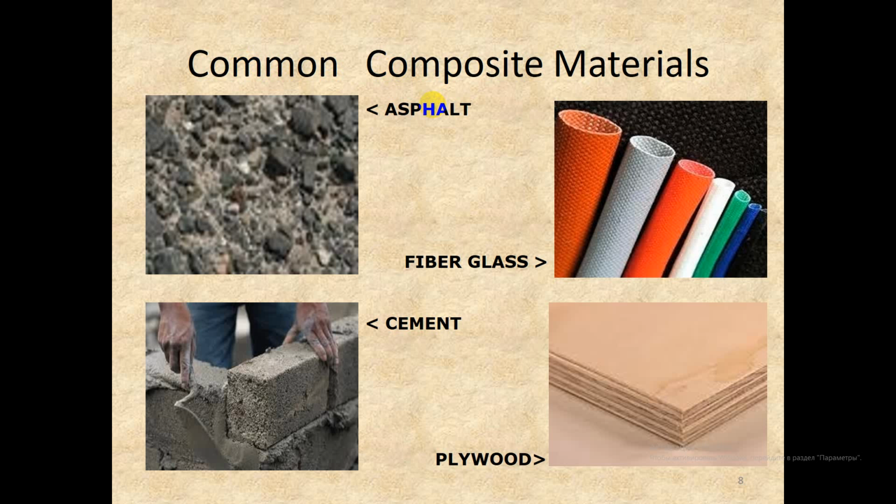Typical engineered composite materials include asphalt, fiberglass, cement, plywood, metal matrix composites, ceramic matrix composites, reinforced plastics such as fiber-reinforced polymer or fiberglass, composite wood such as plywood, masonry, etc.